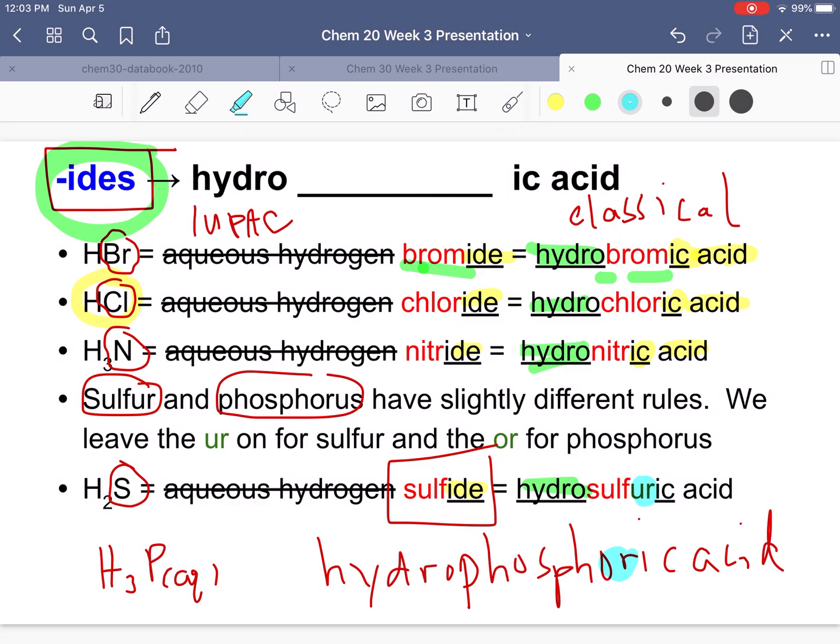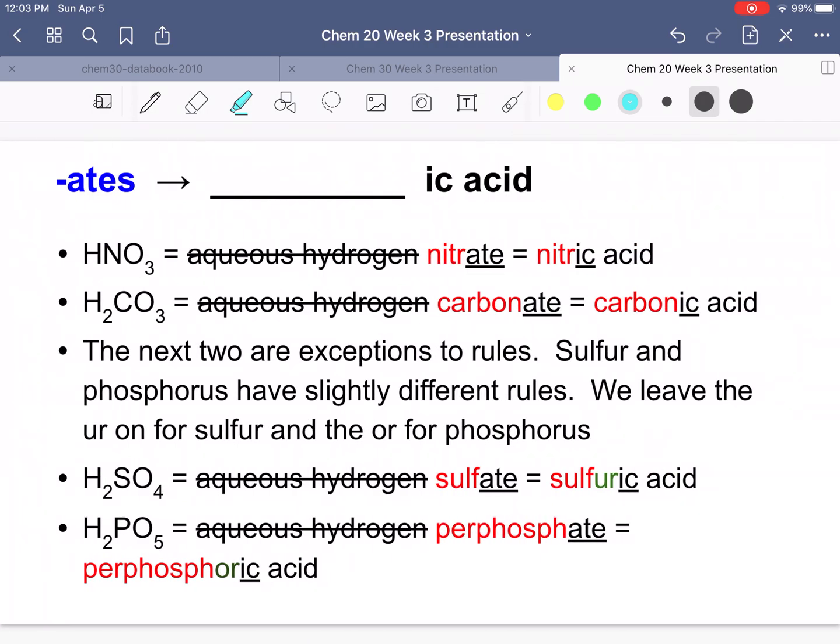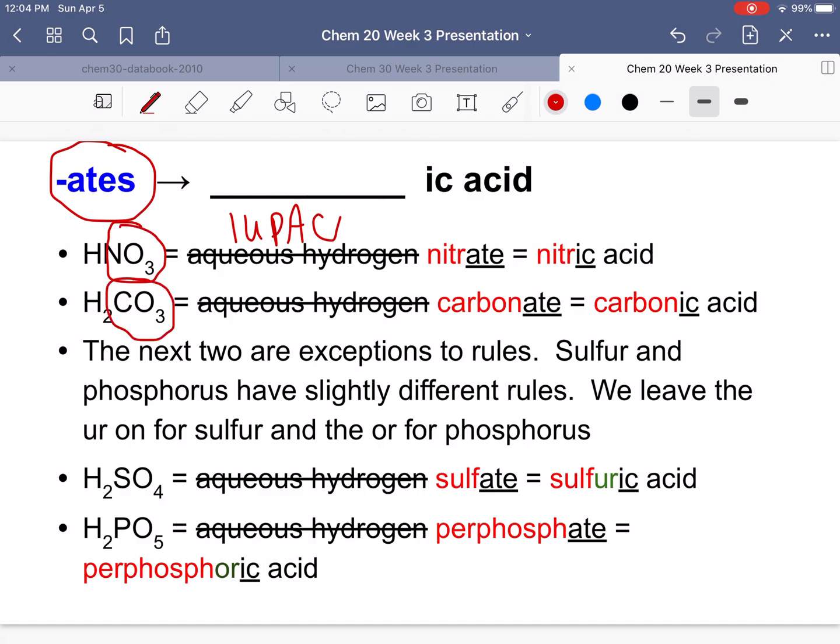Let's move on. What if you have an anion with an ate ending, like nitrate, for example? Again, that lovely IUPAC naming is really, really simplistic. Aqueous hydrogen nitrate. Aqueous hydrogen carbonate. Keep going down.